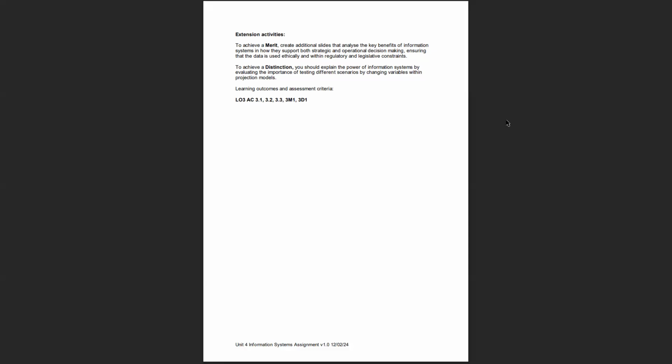To achieve a distinction, you should explain the power of information systems by evaluating the importance of testing different scenarios by changing variables within the project model.